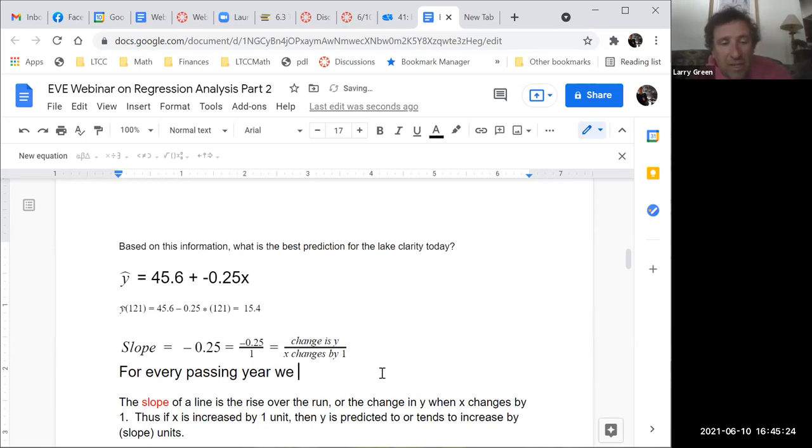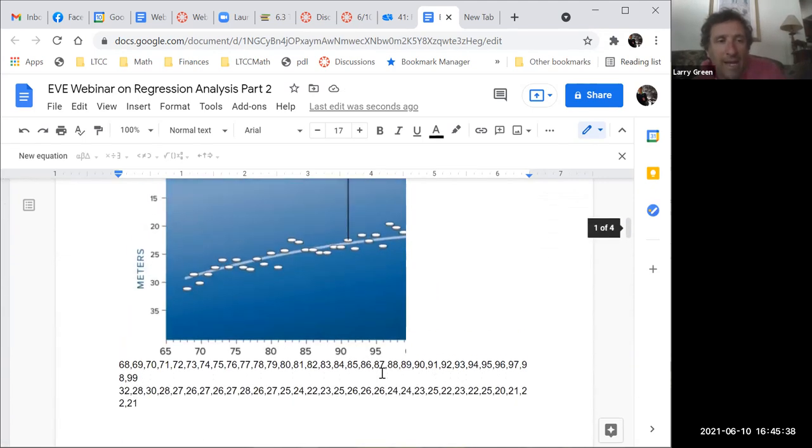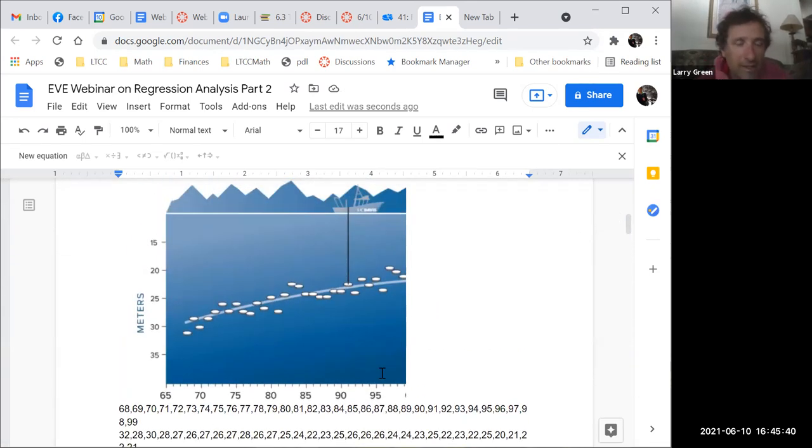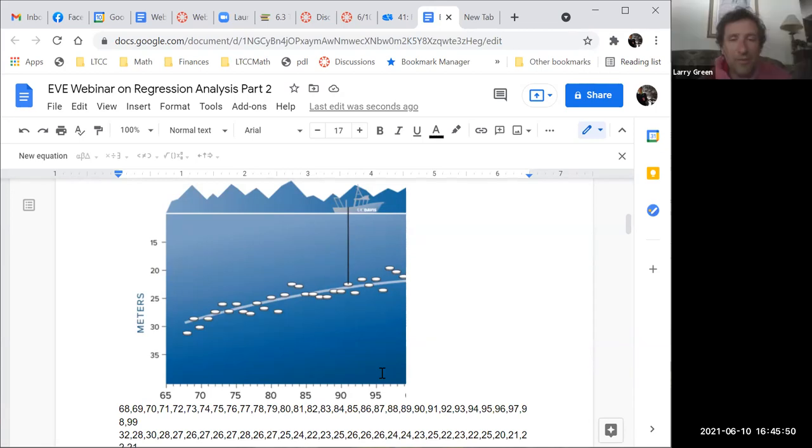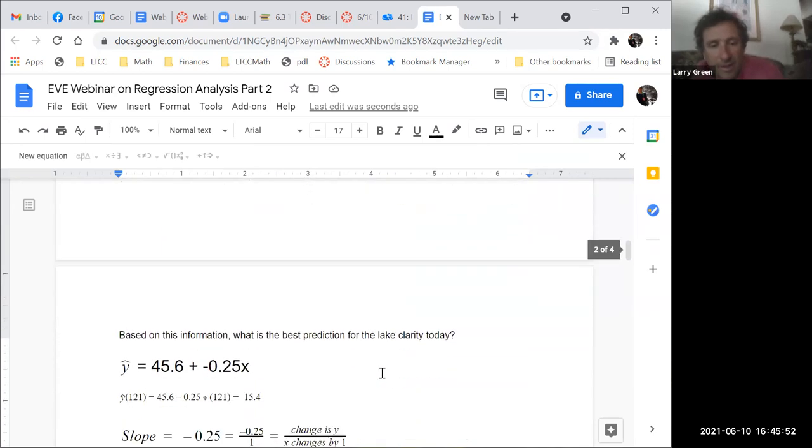And then we say we predict. So very important, you don't say it will happen. You say we predict that. Now we're talking about a change in y. Now let's go back. What does y represent? The depth in meters. Right. Good, the depth of clarity.